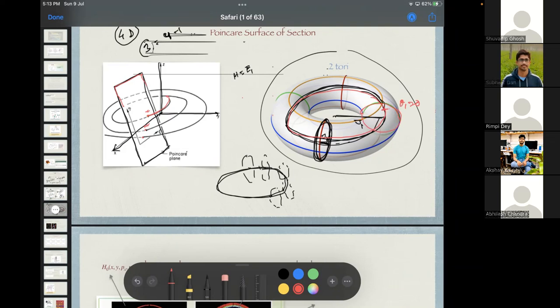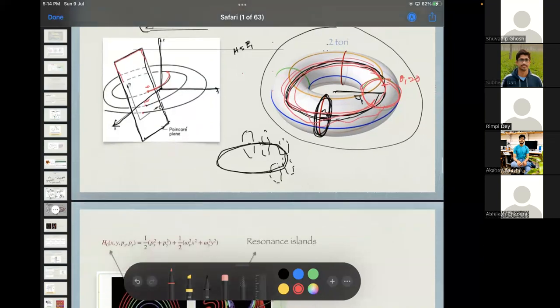So theta equal to 0, and you consider a plane here. Now, whenever a trajectory crosses this plane, we are noting this down. Okay, so it can cross again and again here at the same point, or it can cross at different points each time, right? So this is like a surface of section.